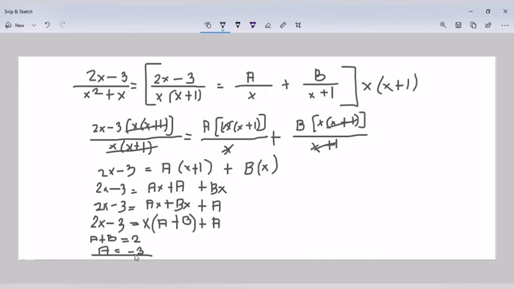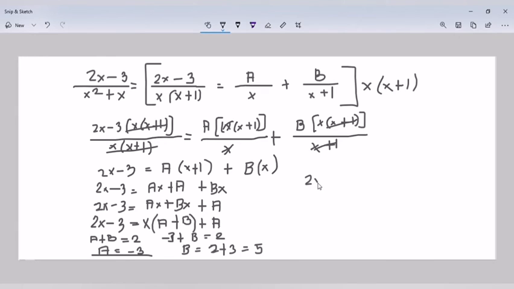Since we already have the value for a, which is negative 3, just substitute negative 3 into the first equation to get the value of b. So that gives us negative 3 plus b equals 2. Then additive inverse, that gives us 2 plus 3. So the value of b would be 5.